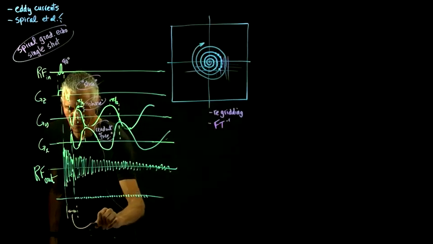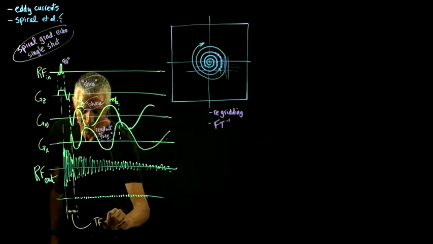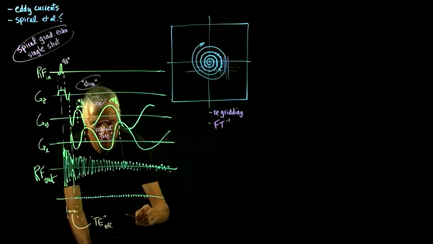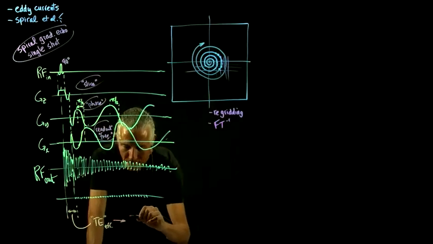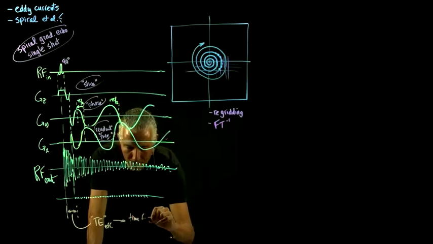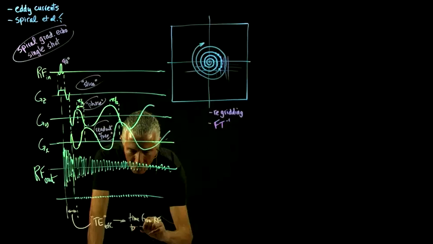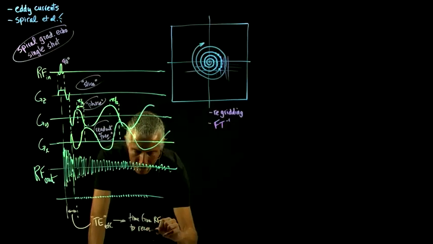This is TE in quotes, because there really isn't any echo, TE effective. What do we mean by TE effective? It just means the time from RF to recording the center of k-space. And so that would be too short.